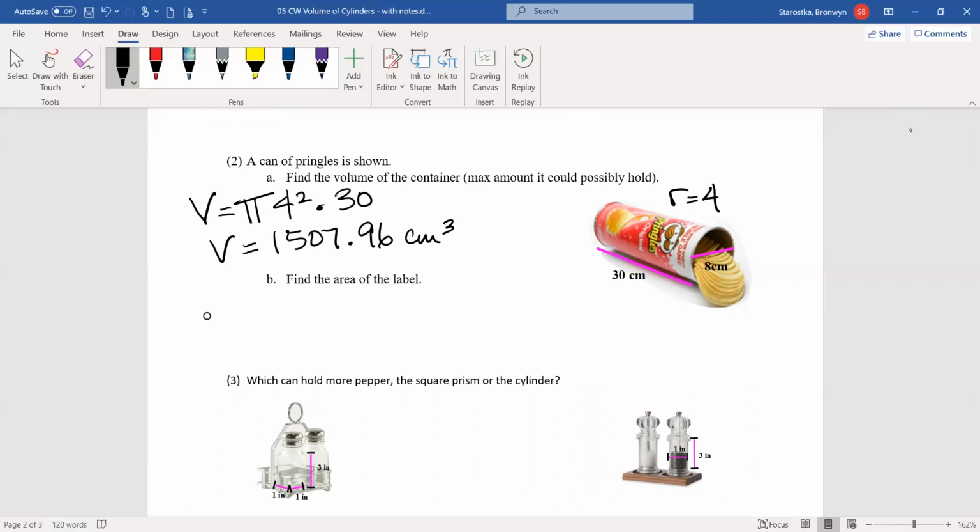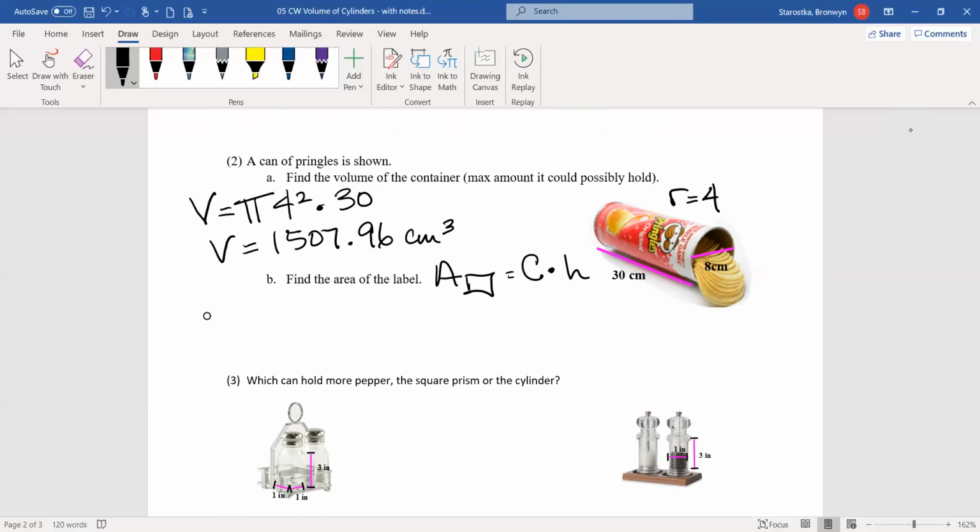If they want us to find the area of just the label, then we don't want the 2 circle ends, correct? So basically what they're asking when you want the area of the label is the area of the rectangle. And the area of the rectangle is the circumference times the height.